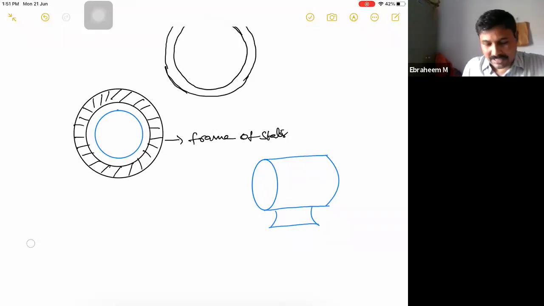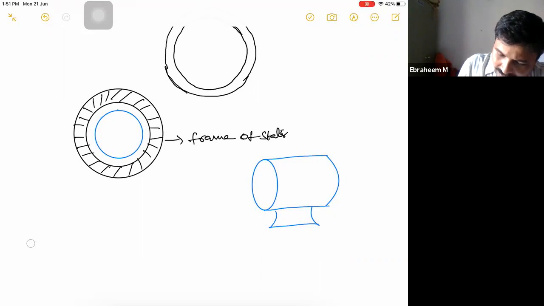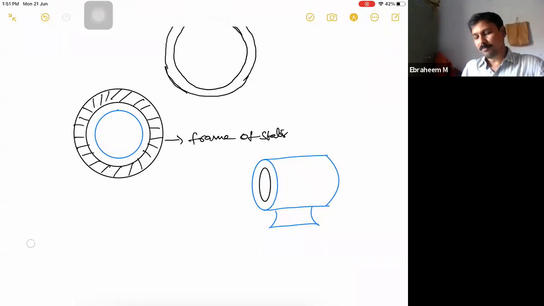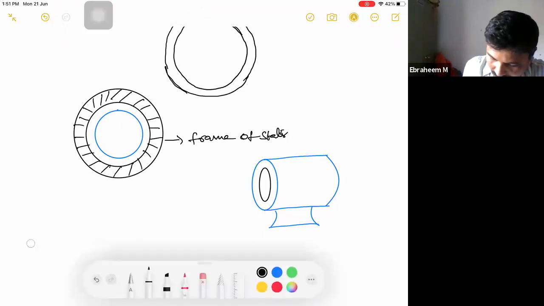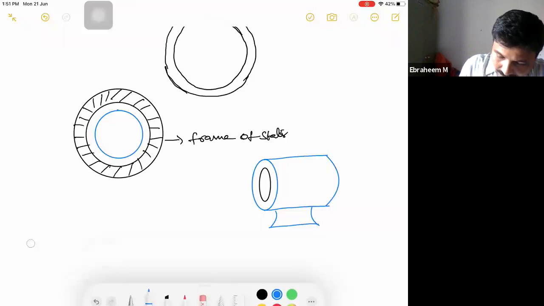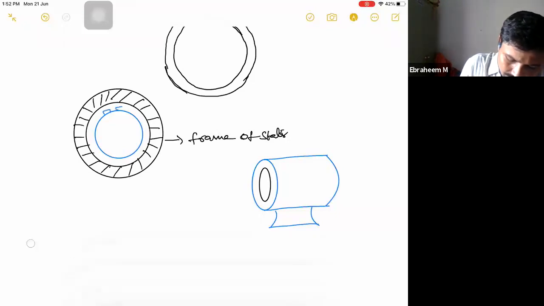Inside, another cylinder is there, right? So you will have another cylinder inside, that is the stator. Inside of this core, you will have slots.